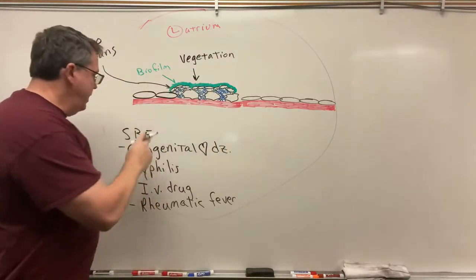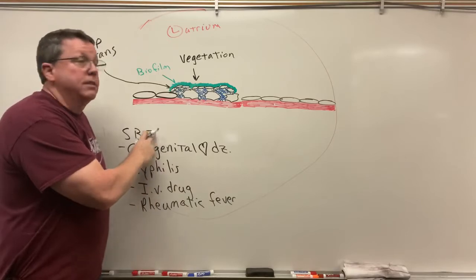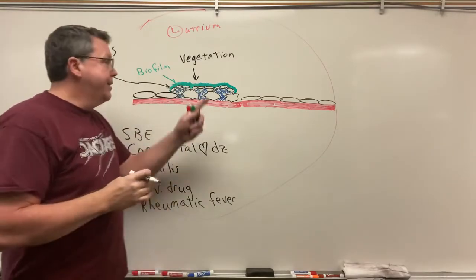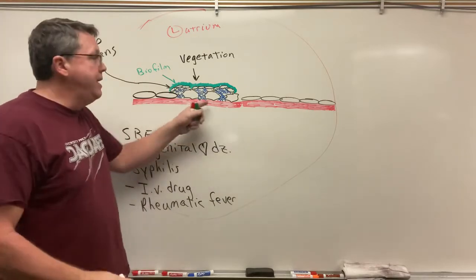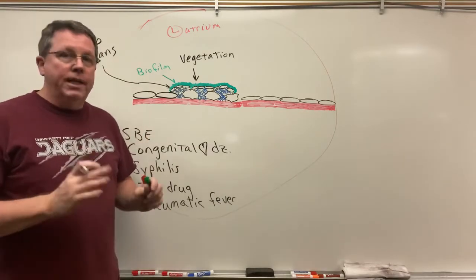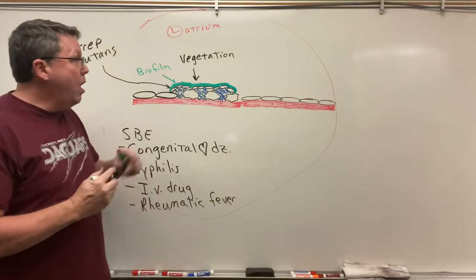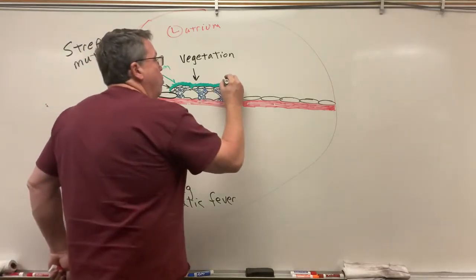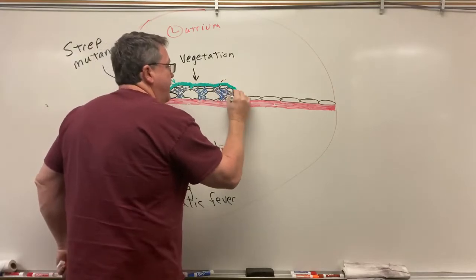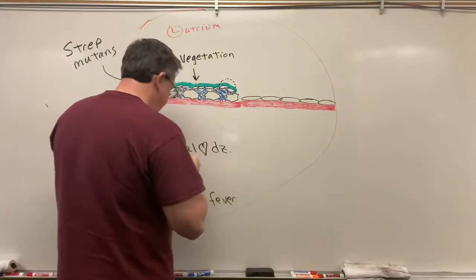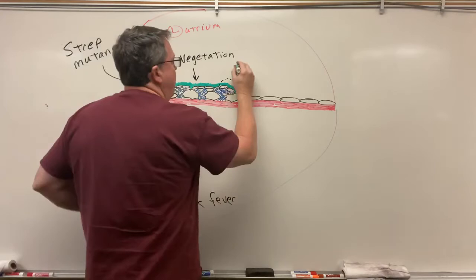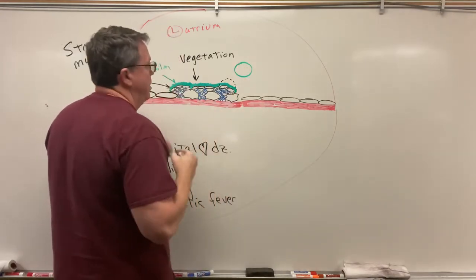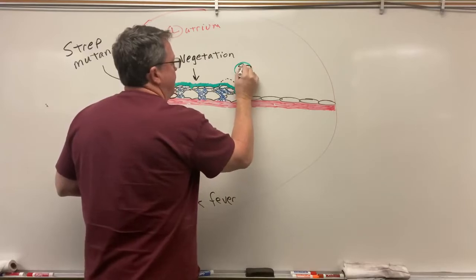For the most part, in subacute bacterial endocarditis, it does not cause further damage to the valves. The bacteria just takes advantage of the damage that's there. Okay, so the problem with subacute bacterial endocarditis will occur when, let's say we have this piece right here, and it breaks off, and now it starts to travel in the bloodstream.